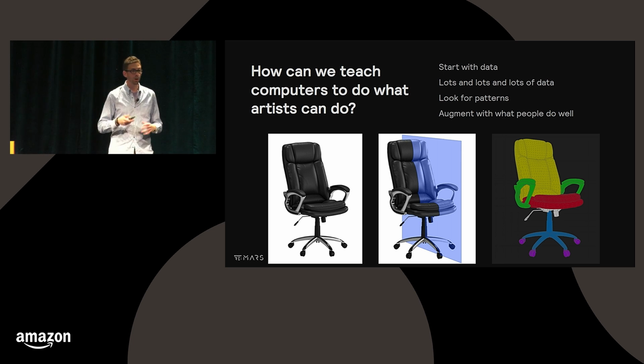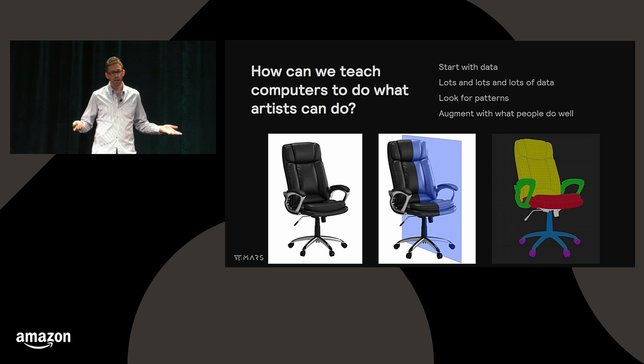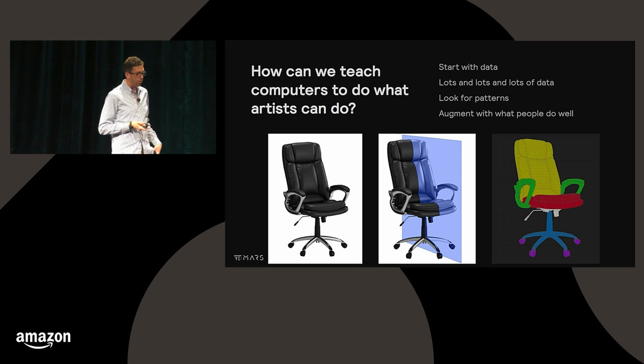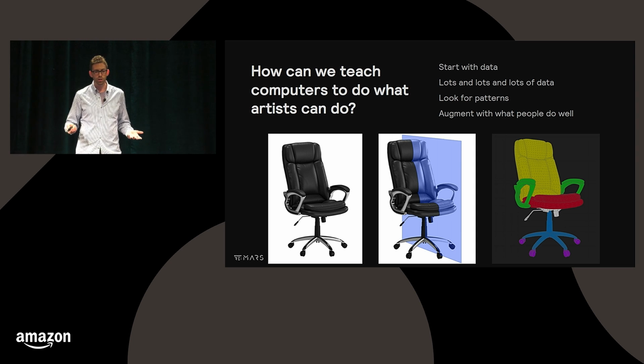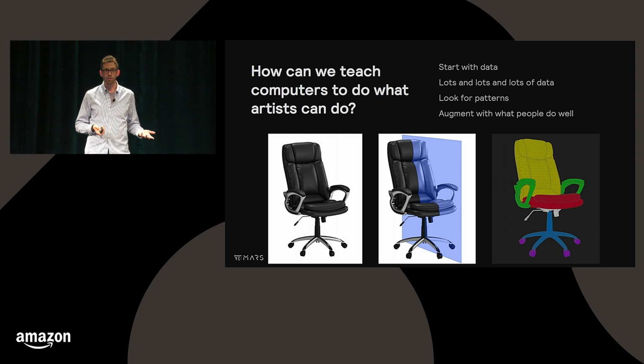Inside of that, and sometimes often combined with it, is the idea of part-based hierarchies within inside a scene. And in this case, this particular chair is broken down in the image on the right into a number of color-coded regions. Some of those have symmetry in and of themselves, but also we notice that there's a lot of patterns that exist between products that exist only on this level, not on the holistic level of the product, but somewhere in between the idea of a single vertex in the scene and the entire model.